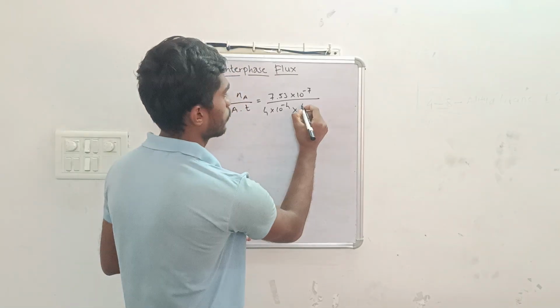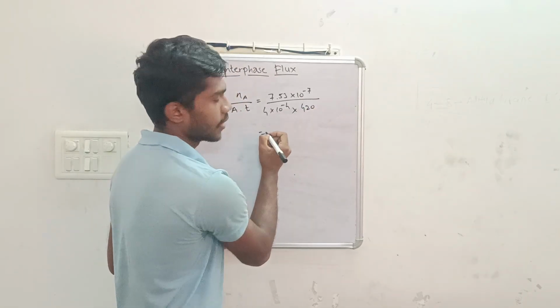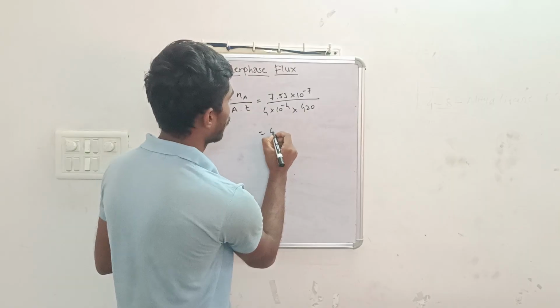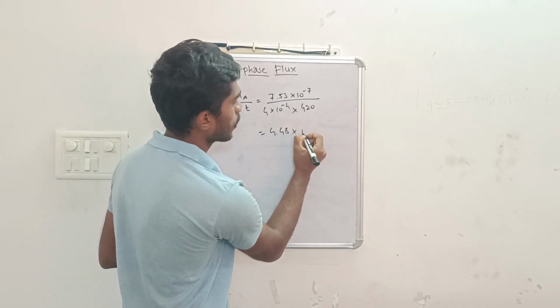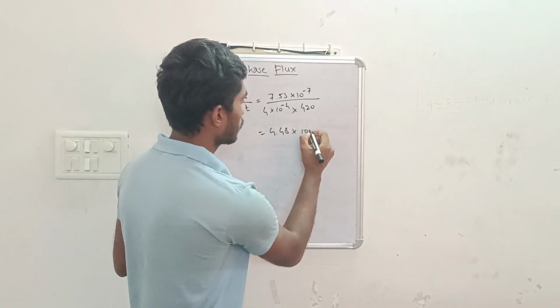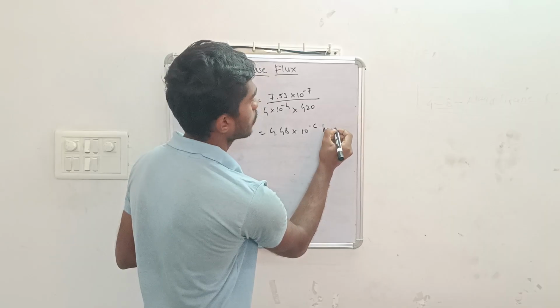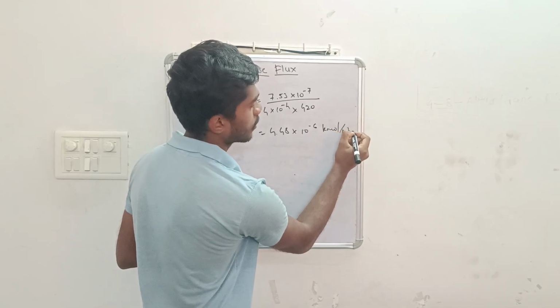So time, we know that it is 420 seconds. It is equal to 4.48 into 10 power minus 6 kilomole per meter square second.